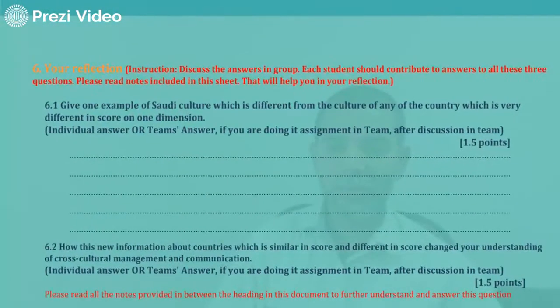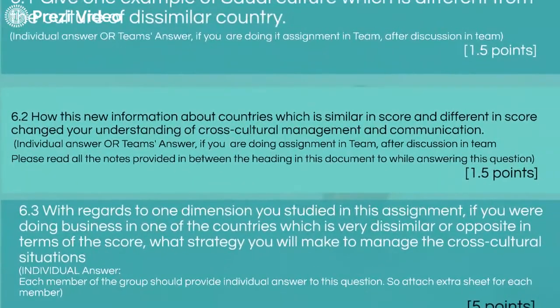And number 2, this is where you will be writing your answer. And 6.2 is how this information, that means the information that you are collecting for this assignment throughout and also after reading the first page of this assignment, how this information about countries which is similar and different in scores change your understanding about cross-cultural management and communication.